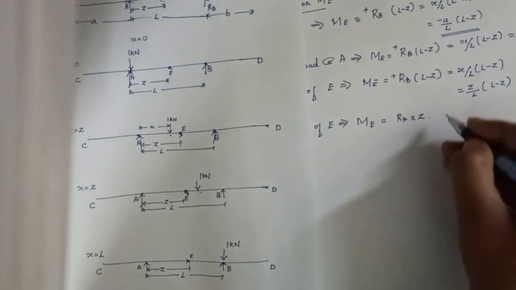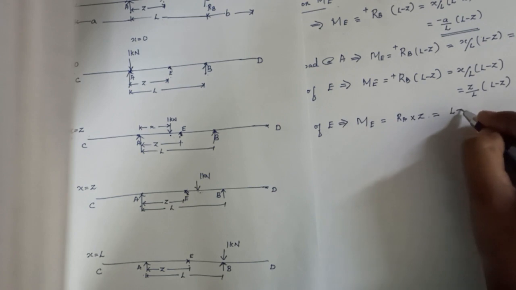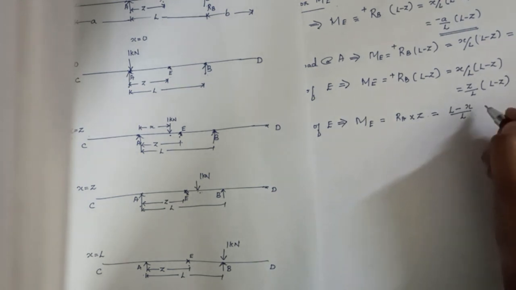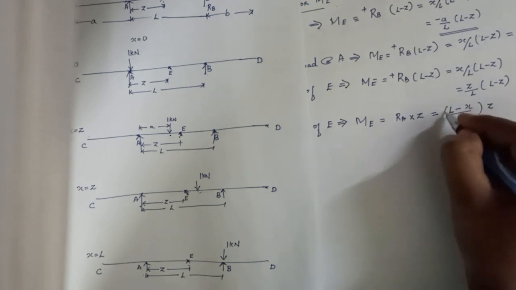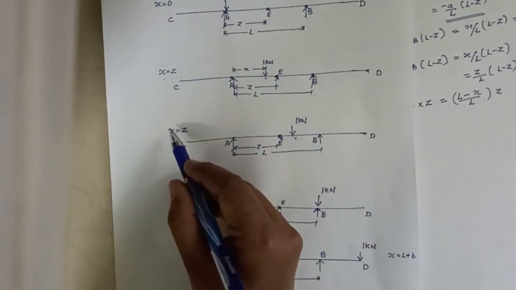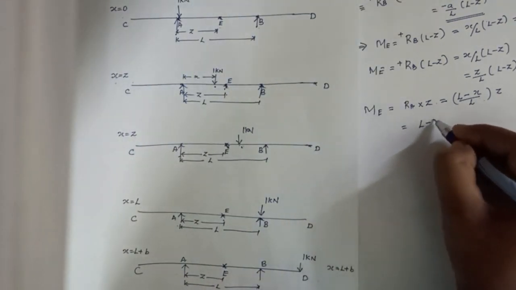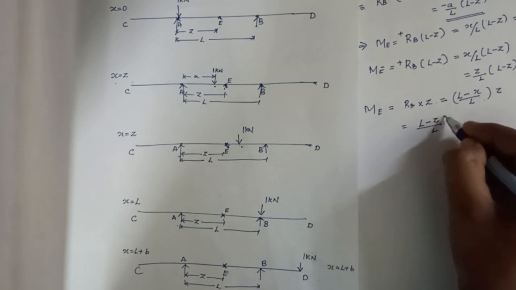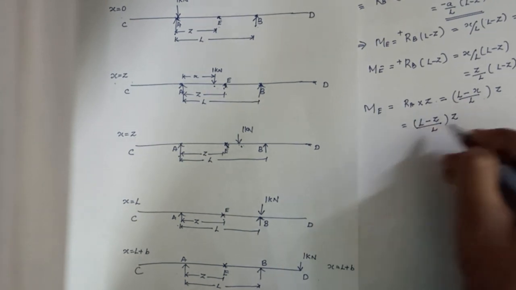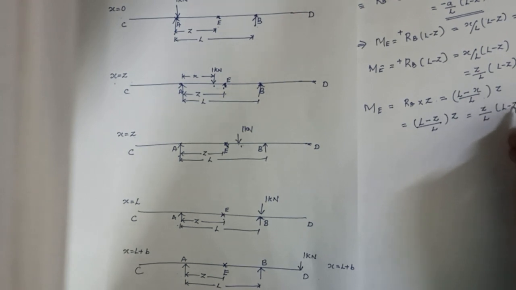Okay. RA value, we know that L minus x by L into z. Here x is equal to z. Therefore, the equation will be equal to L minus z by L into z. By rearranging, we can write it as z by L into L minus z.